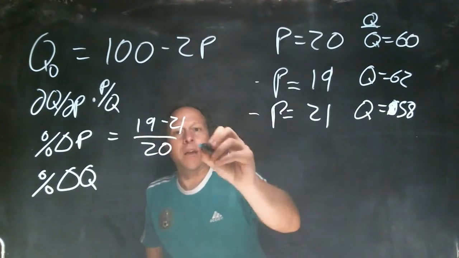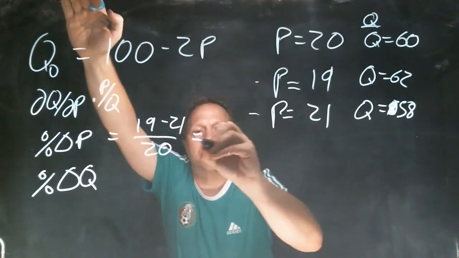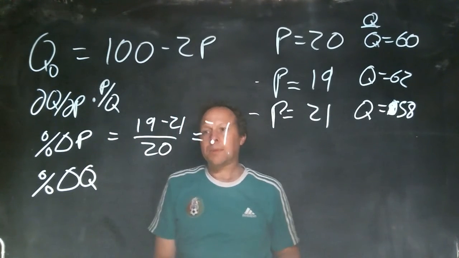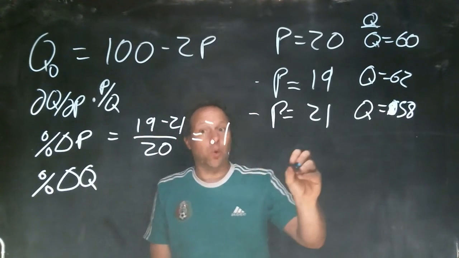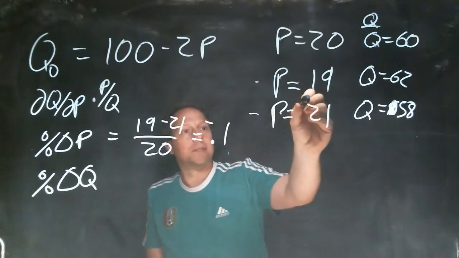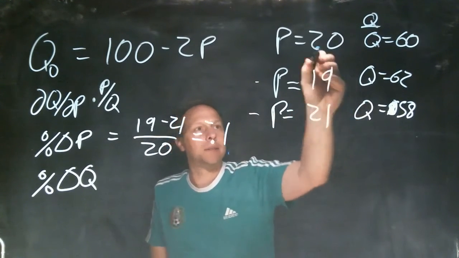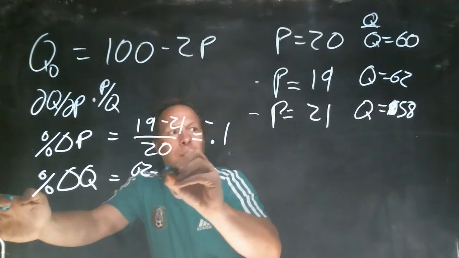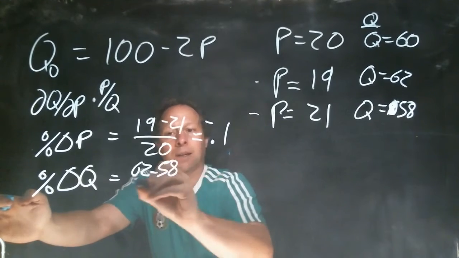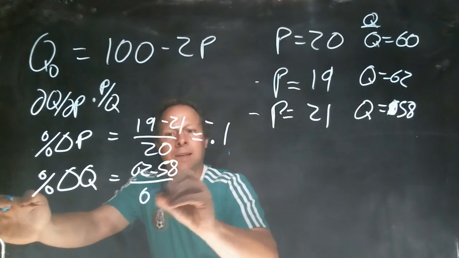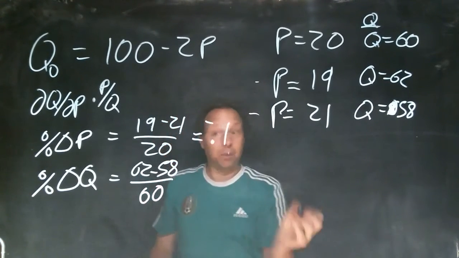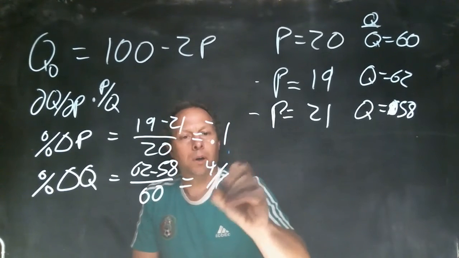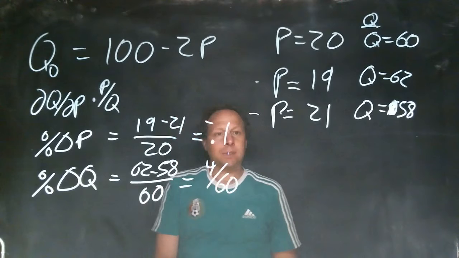So that's negative 2 over 20, so this is equal to negative 0.1. Percentage change in quantity, so if this is the new and this is the old, that's equal to 62 minus 58 all over 60. That's the average of those two, which is equal to 4 over 60.